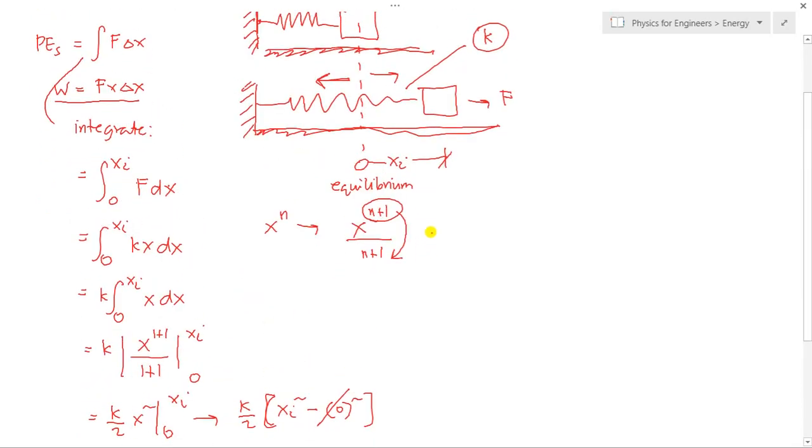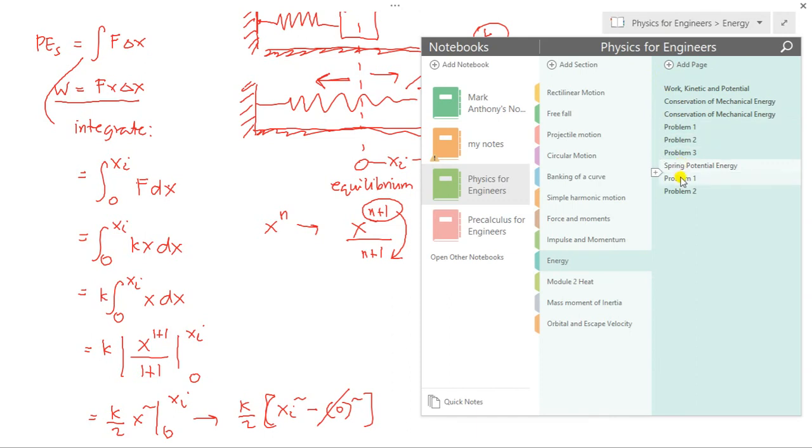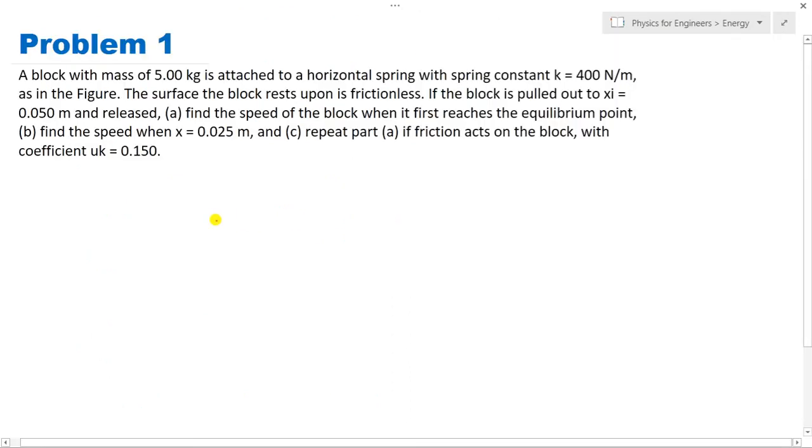Okay, so let's have an example for spring potential energy. So here we have a block with a mass of 5 kg attached to a horizontal spring with spring constant k, and in the figure. So sorry, nawala ang figure, so ato na drawing.